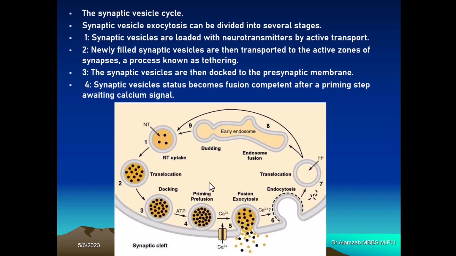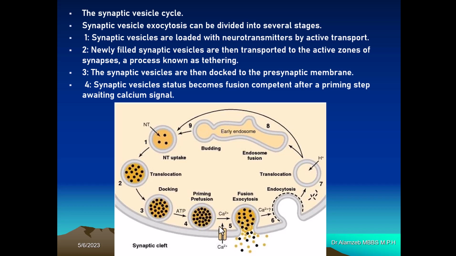Synaptic vesicle status becomes fusion competent after a priming step, awaiting the calcium signal. These vesicles and also the acetylcholine are sensitive to the presence of calcium.